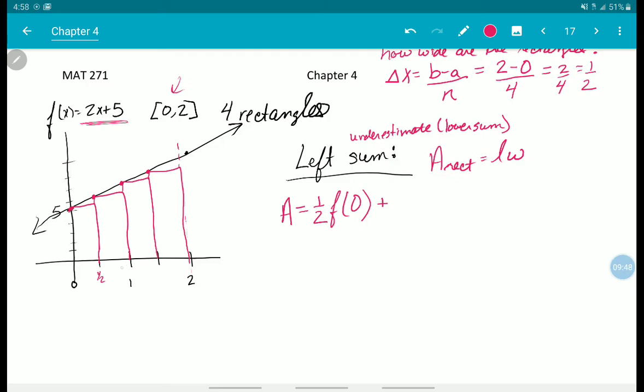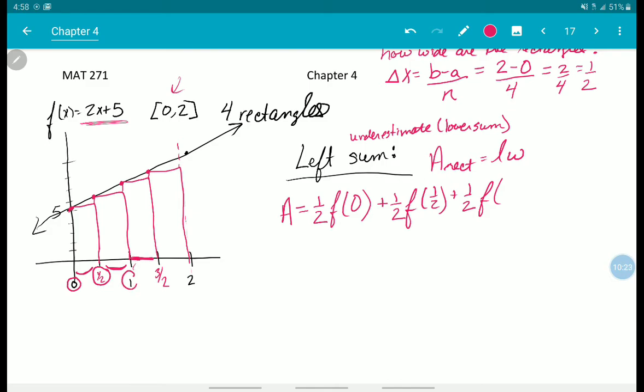We're going to do the same thing for the next one. The width is 1/2. That height of this rectangle is based on the left side of that interval. So our left side for the first one was at 0. The left side of the second one is 1/2. And then we're going to do the same thing for that next rectangle. It has a width of 1/2. The height is based on the left side of this interval.